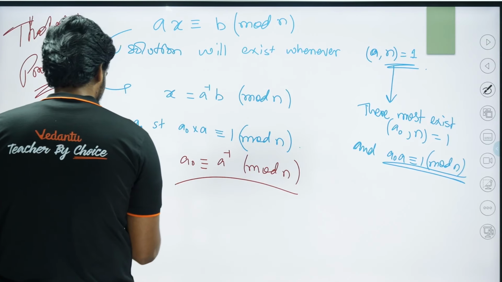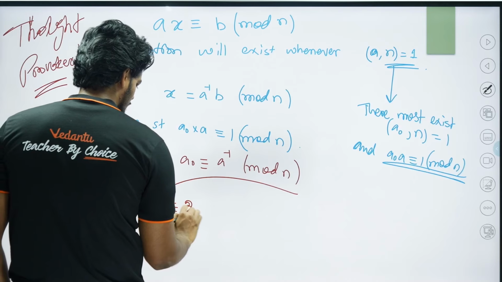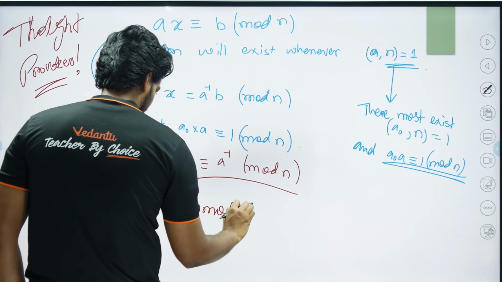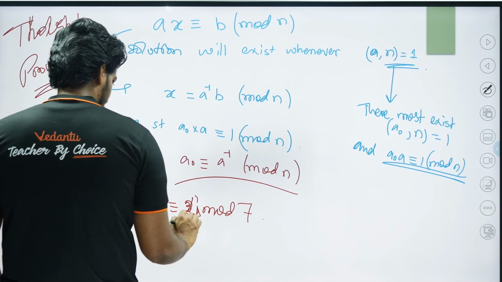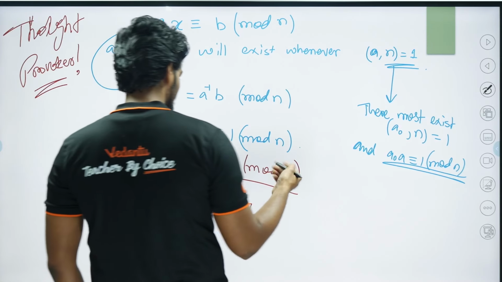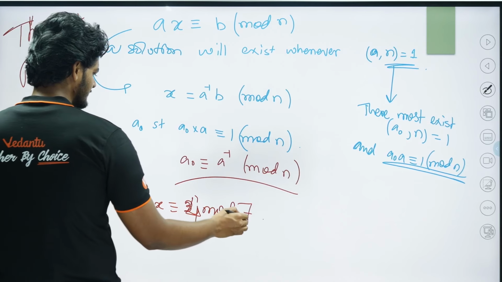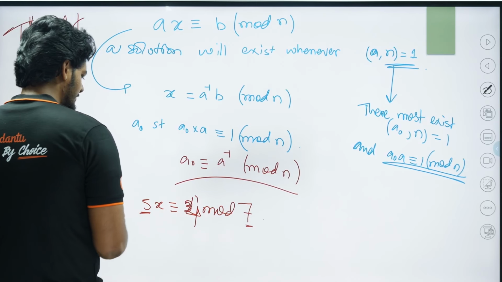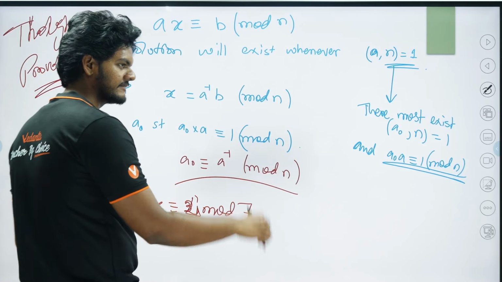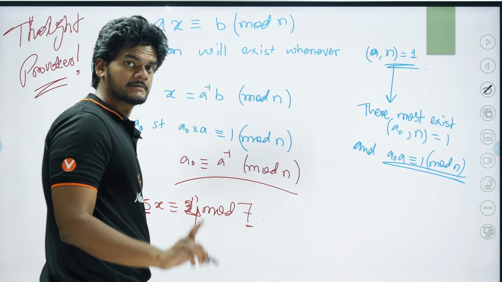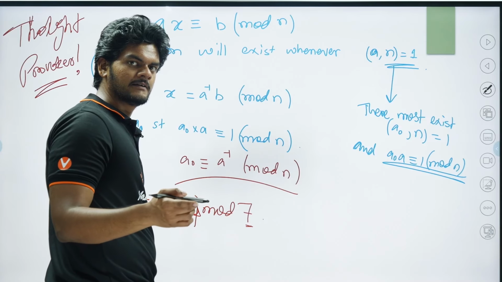For example, which we did, 5x is congruent to anything, 2 mod 7 or 4 mod 7. Was it 4 or 6, something, right? It doesn't matter actually, because with 5 and 7 there will be a number multiplied to 5 such that it is 1 mod 7. Will there be? Always. Think about it. What could that number be?